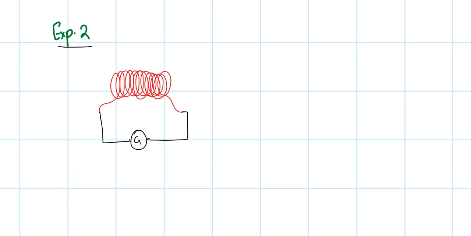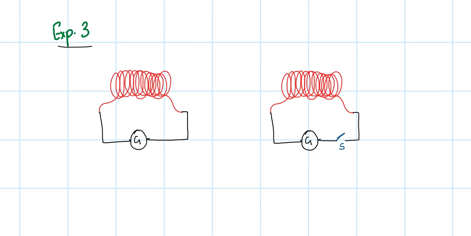Excuse me, there is a mistake over here. Yeah, it is actually experiment number 3. Okay. So in experiment number 3, we have not just one coil, but instead we have a setup of 2 solenoids placed close to each other.